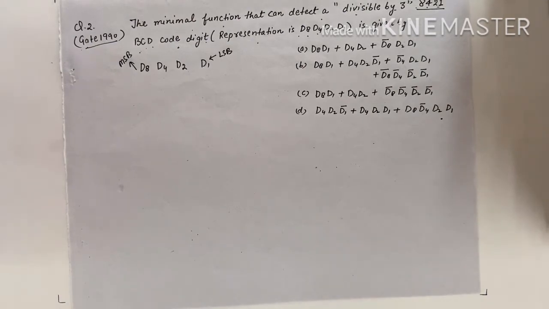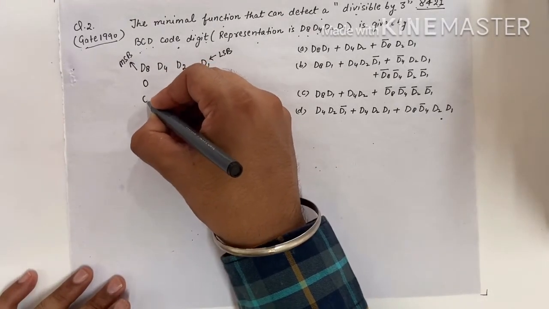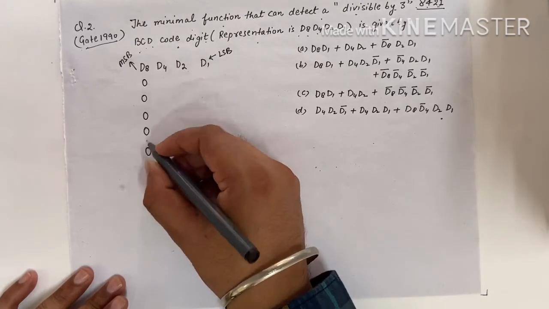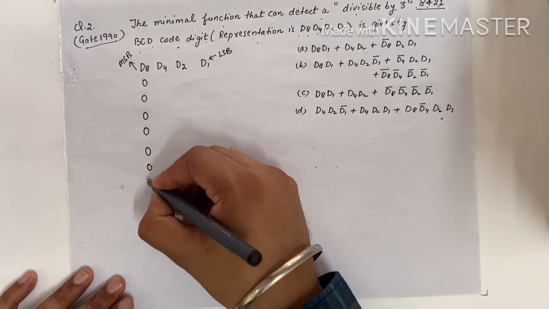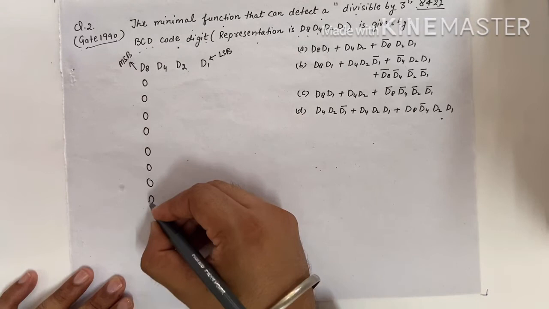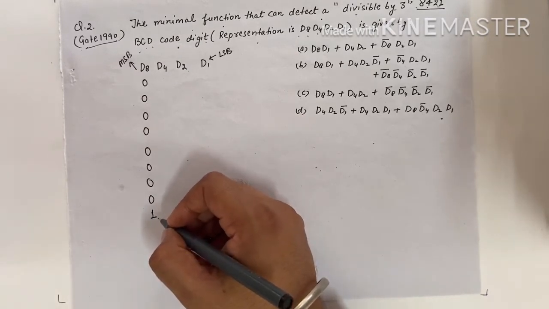Okay, so what are the possibilities? We have seen in the BCD code that we have to represent 0, 0, 0, 0, 0, then 1, 2, 3, 4, 5, 6, 7 and 8, and then after it 1. In BCD code we have only the numbers 0 to 9.